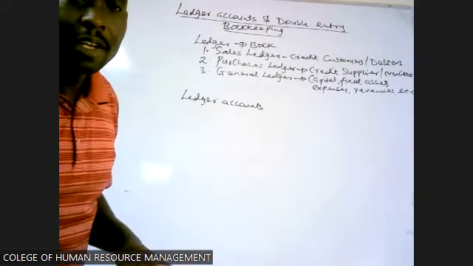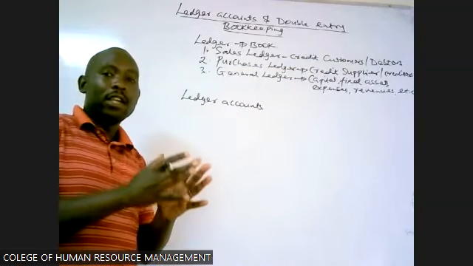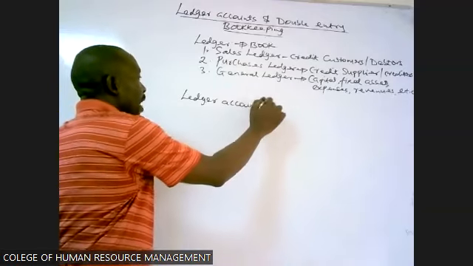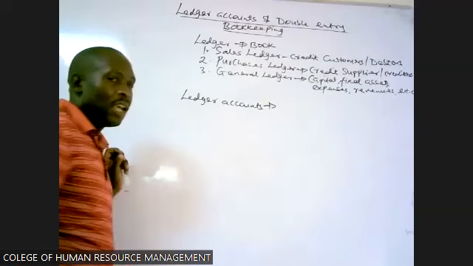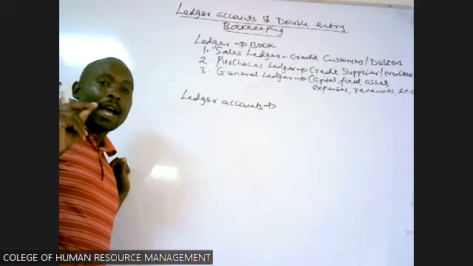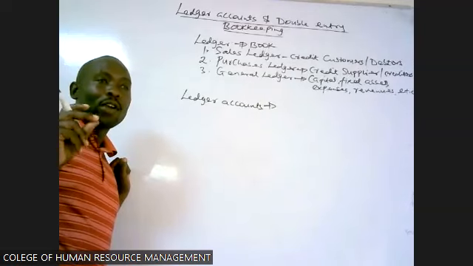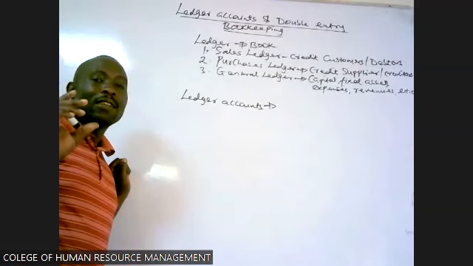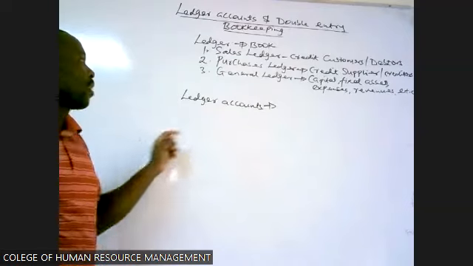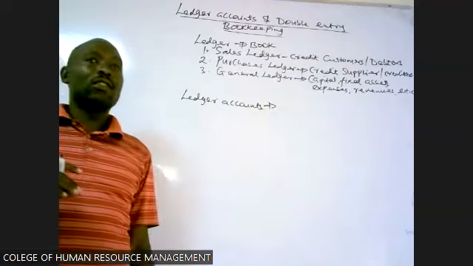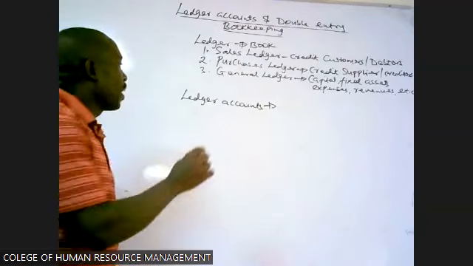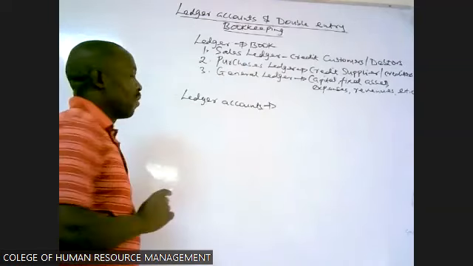Having understood now that a ledger is a book in which we are going to have the accounts, now I can talk about a ledger account. A ledger account is actually a document, or something that is designed for a particular format, meant to capture the details of all the transactions as they occur. So as the transactions occur, they are normally recorded in the ledger accounts.